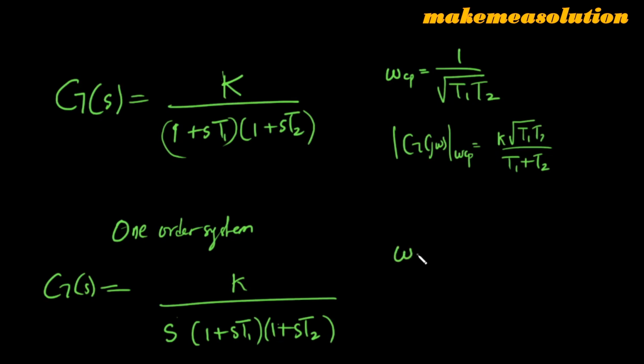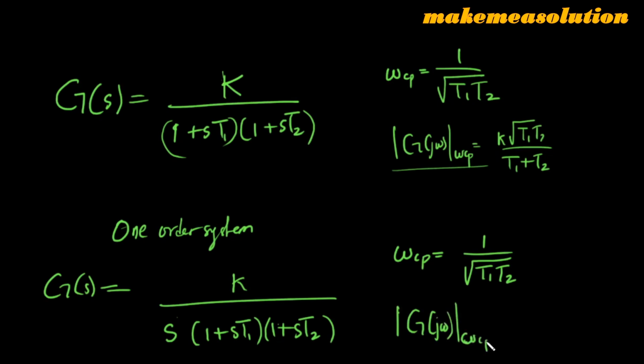Now the crossover frequency, WCP, is also going to be 1 all over root T1 T2. But what we change is the magnitude of G of j omega at this crossover frequency. The magnitude of G at this particular frequency, omega CP, is going to be, instead of K root T1 T2, K T1 T2 all over T1 plus T2.